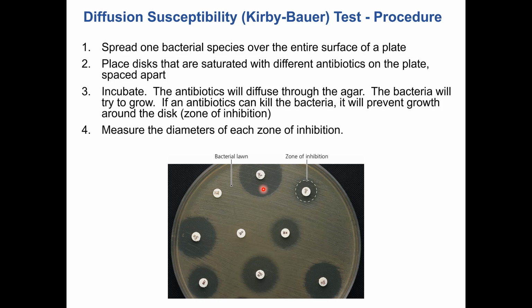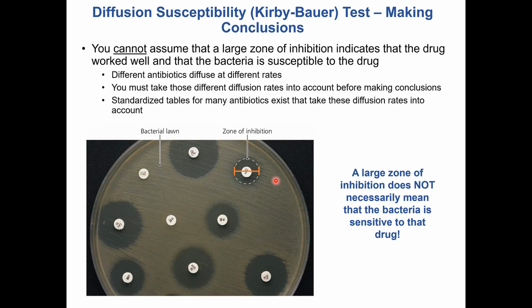What you will do in order to make some conclusions in this experiment, you need to measure the zone. And so here is how you would measure that zone. You want to measure the diameter starting from one end of the zone straight across, straight through the disc to the other end of the zone.